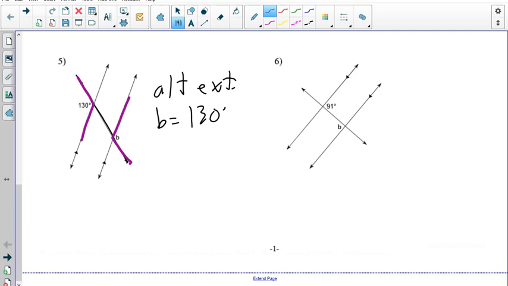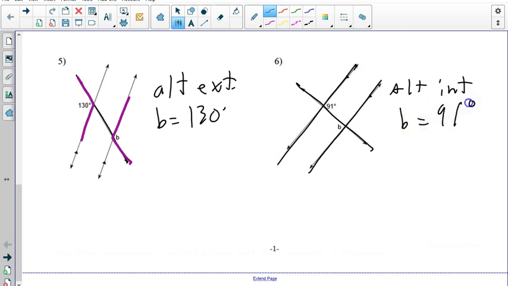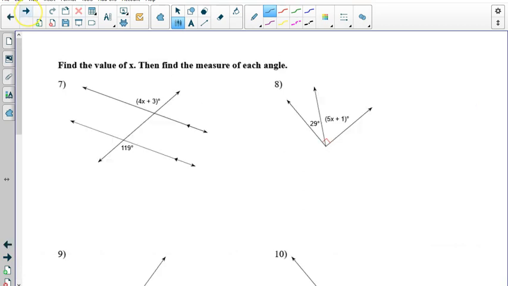Over here for 6, we have alternate interior angles. Alternate because they're on either side of the transversal. Interior because they're inside the parallel lines. Also equal angles. All right. So what do we have here?